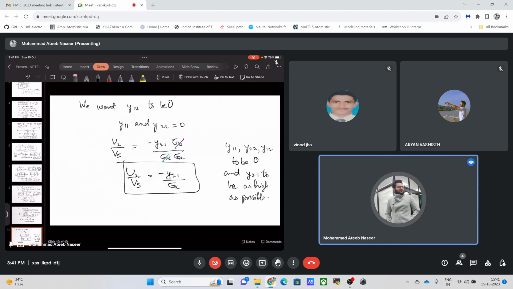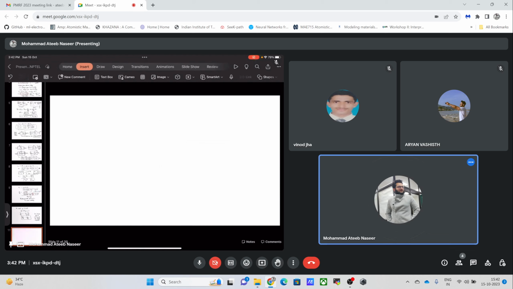This results in the simplified network, since we do not want the current division in the y22 and want all the current to flow in this gl, the output resistance or the load. We also want no input current division at the input.